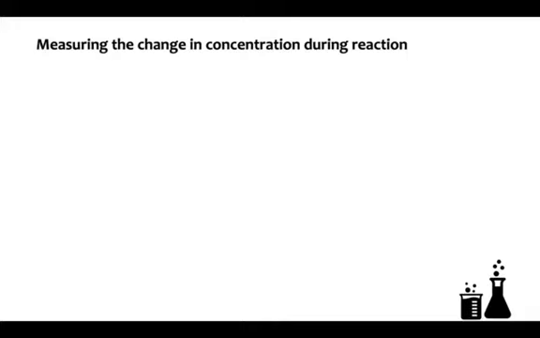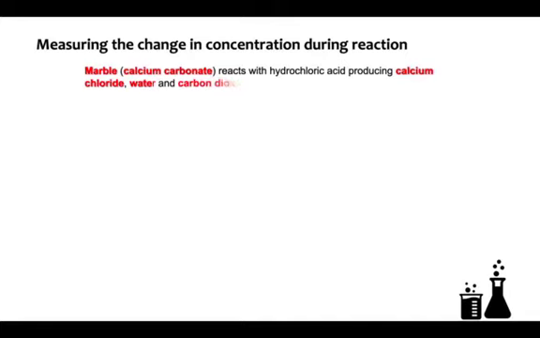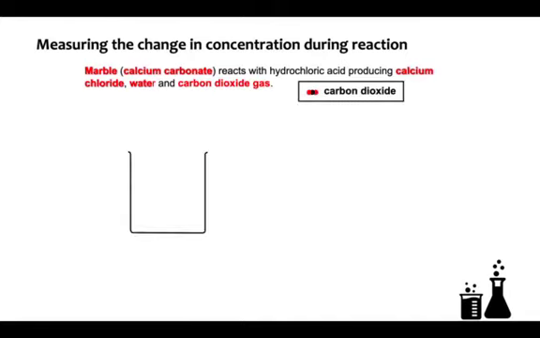And finally, you can also measure the change in concentration during a reaction. Now, I've taken the same example here just to make it a bit easier to follow, but I must stress that the reaction that we're looking at here is not a good example for this, but the principle is the same.